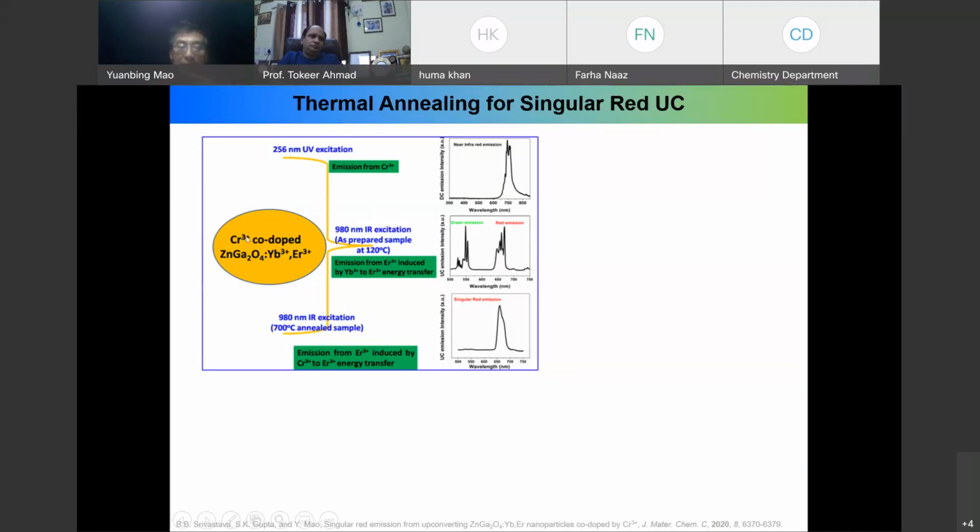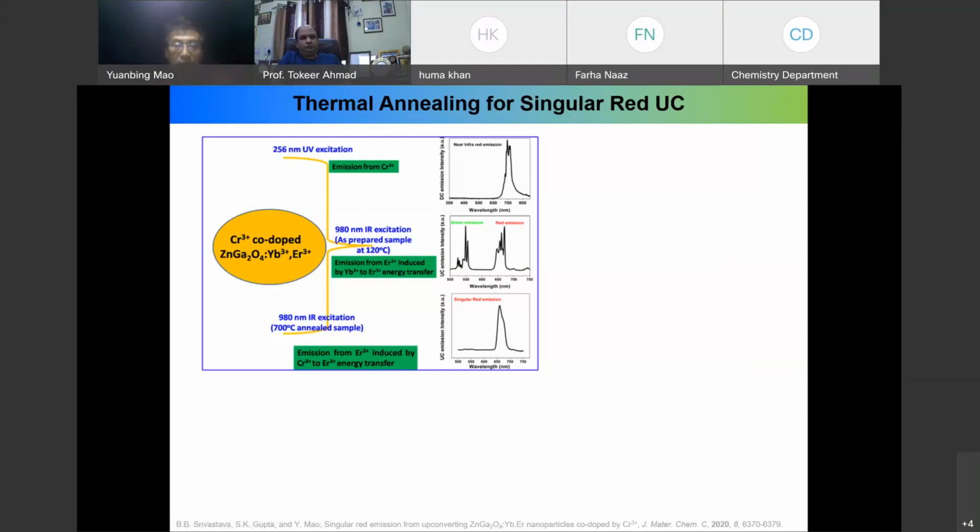For the synthesized nanoparticles, if we excite them with 256 nanometer UV excitation, we get luminescence like this. So we get near-infrared emission, right? This is similar to what I showed you earlier when I talked about the persistent luminescence of this type of materials, right?